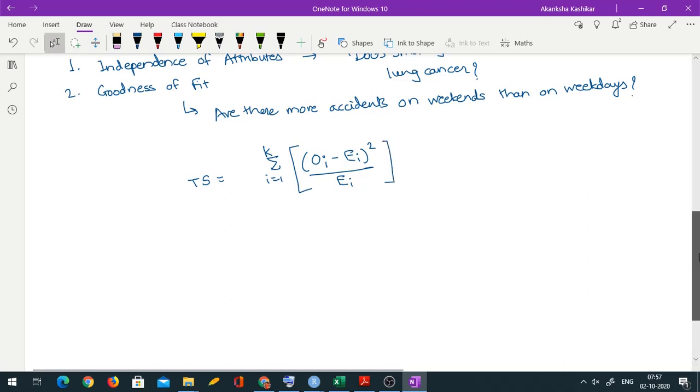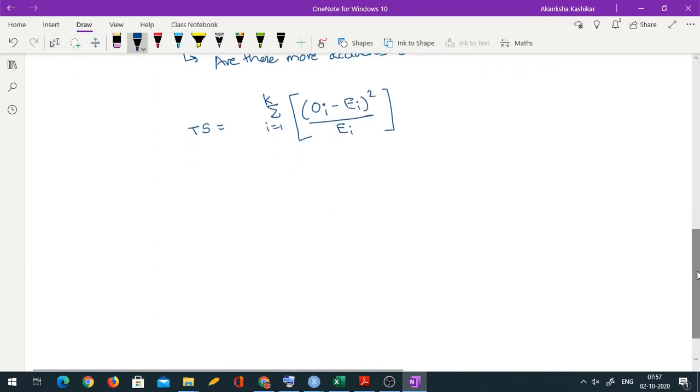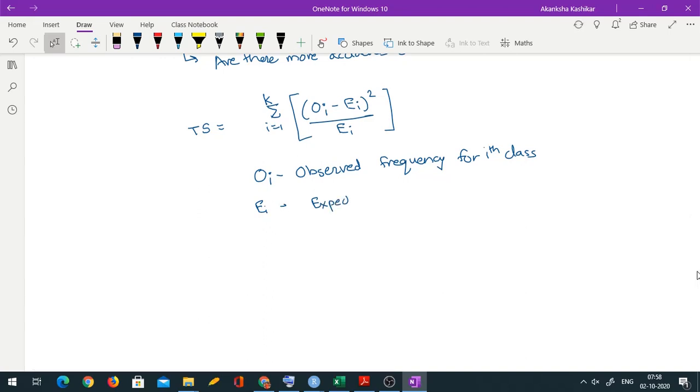Things are quite easy. We will see through an example, even though in notation it might look different. And what is O_i? O_i is the observed frequency for the ith class, and E_i is the expected frequency for the ith class.